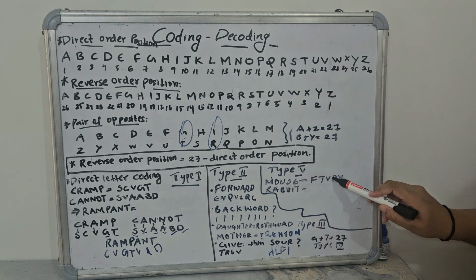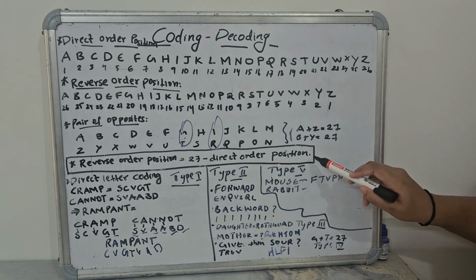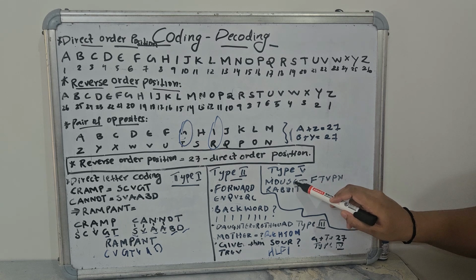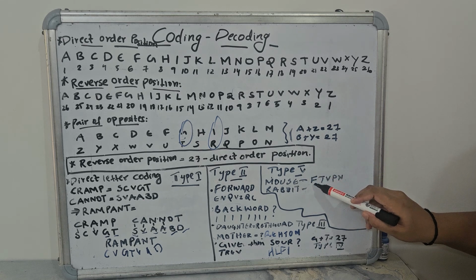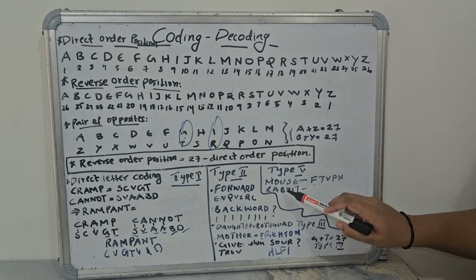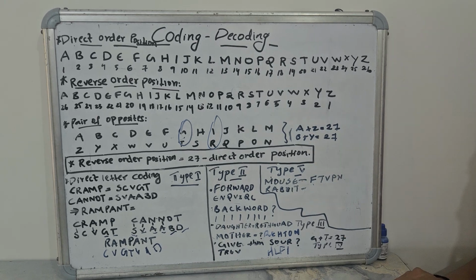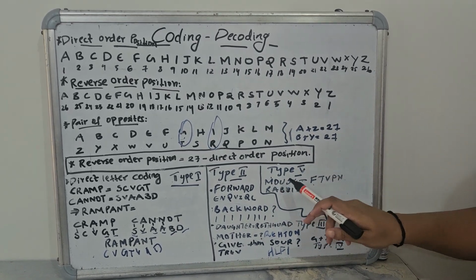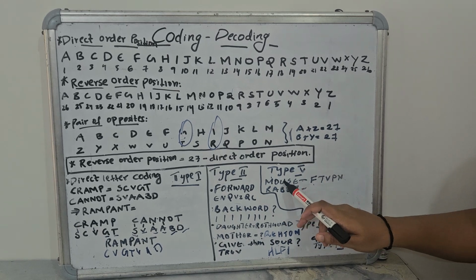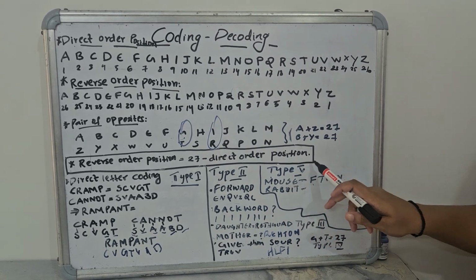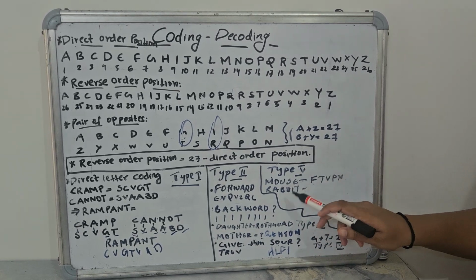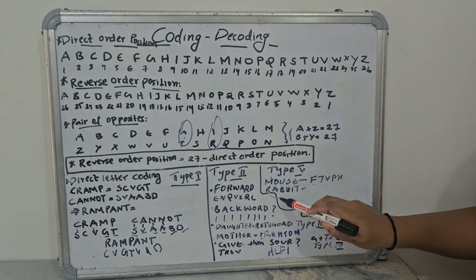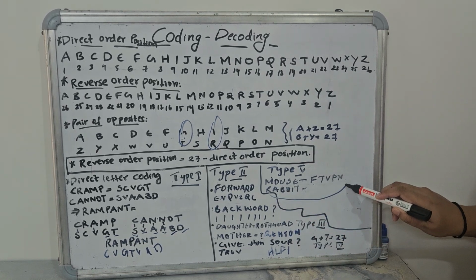O plus 1 is P, U plus 1 is V, S plus 1 is T, E plus 1 is F. You have to complete it in the same pattern.